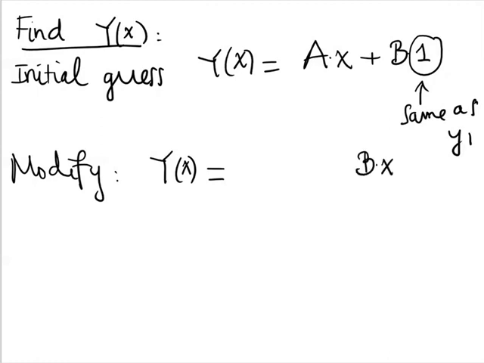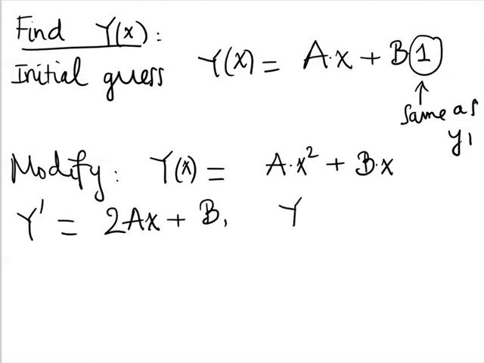And as before, by the domino effect, we need to multiply this by x as well. We get x squared. Now we find the derivative: 2ax plus b. Second derivative, 2a.